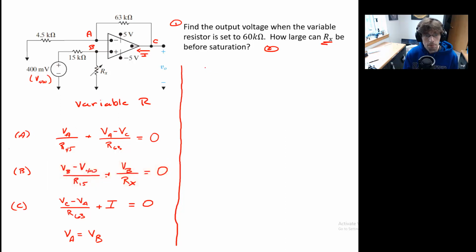I have VB times 1 over R15 plus 1 over Rx, equals my potential source divided by R15.